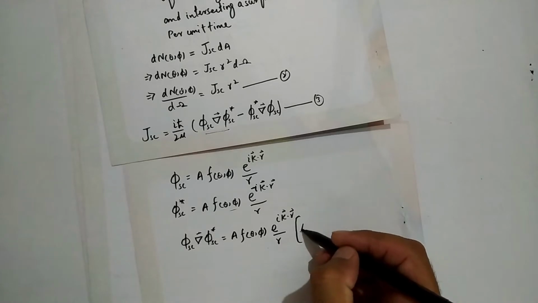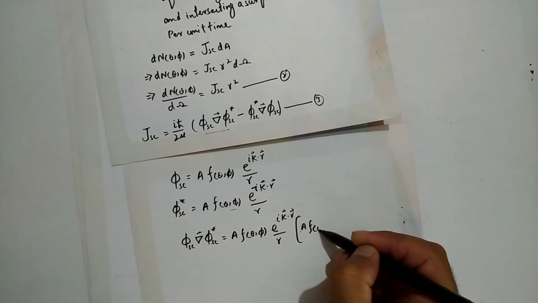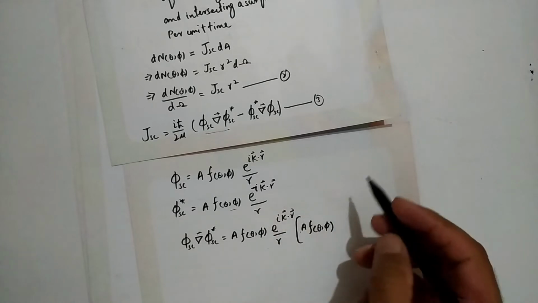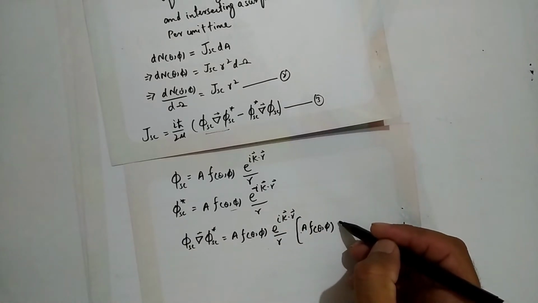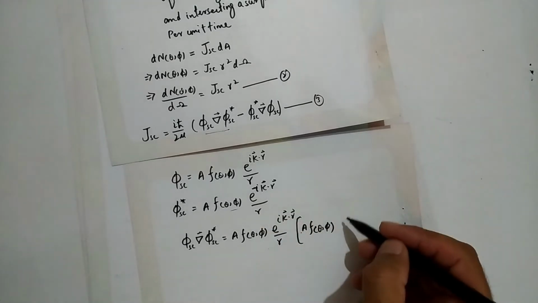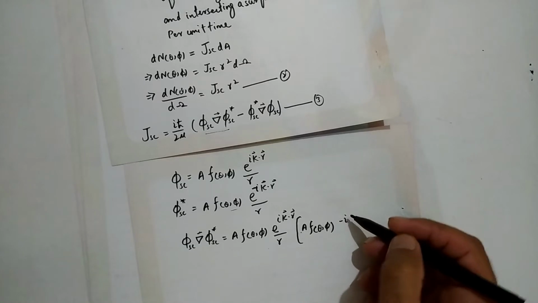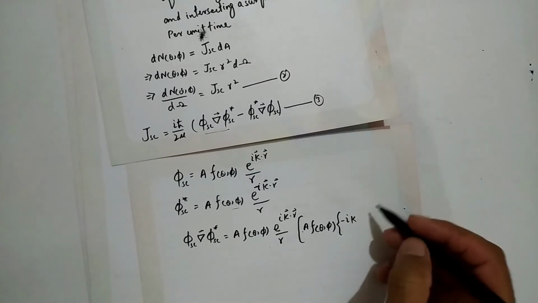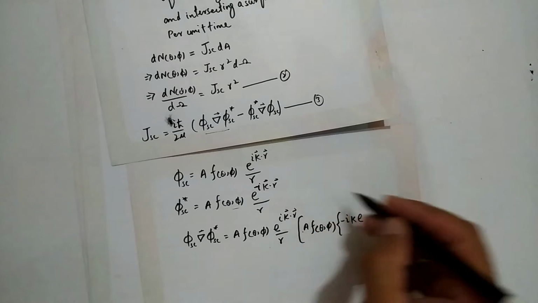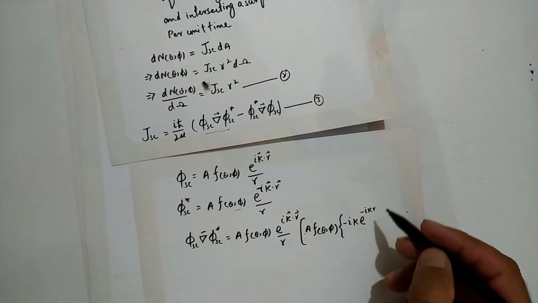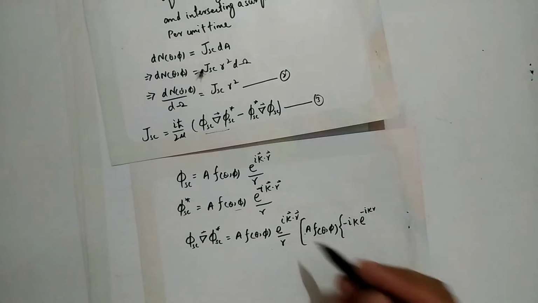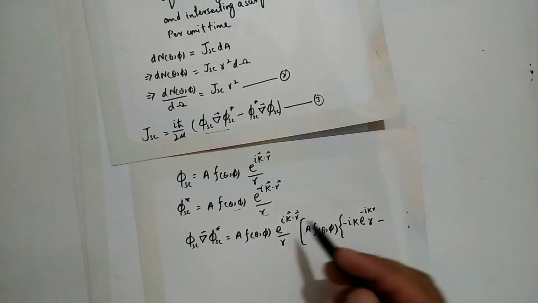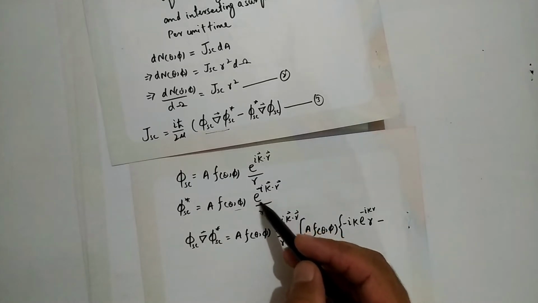So its gradient will be A f of theta and phi into, taking the derivative by using the quotient rule, it will be minus ik into e to the power minus ikr into this one, which is r, minus the derivative of this one into this term.